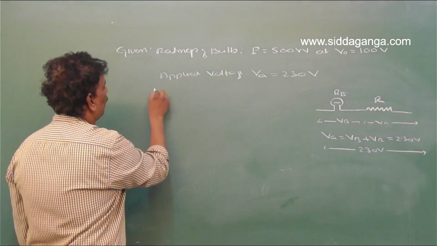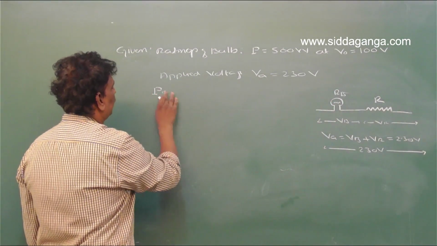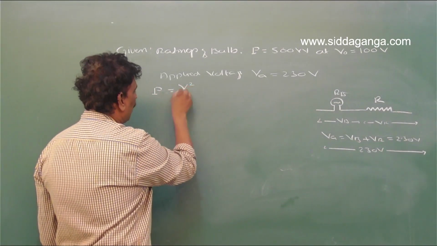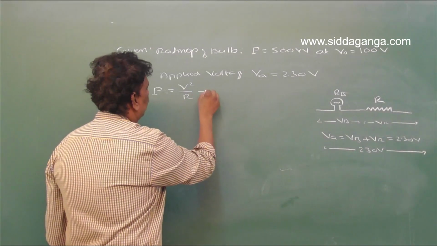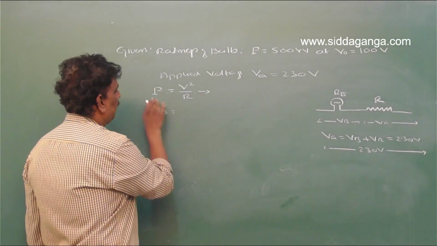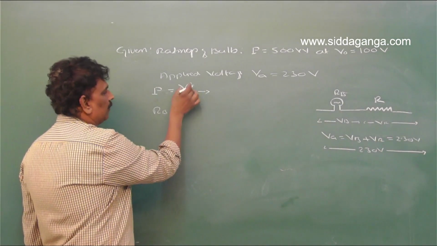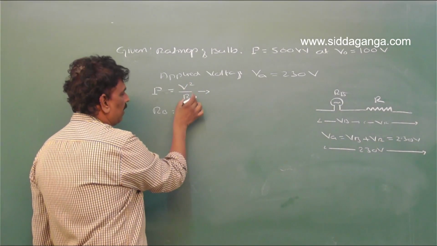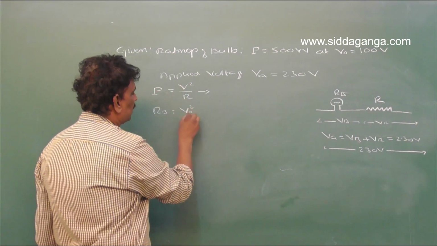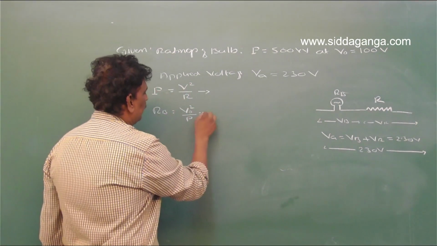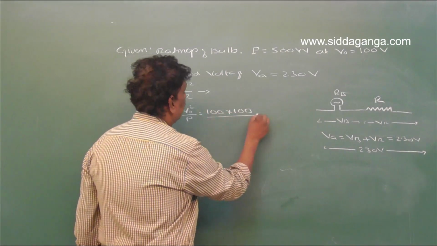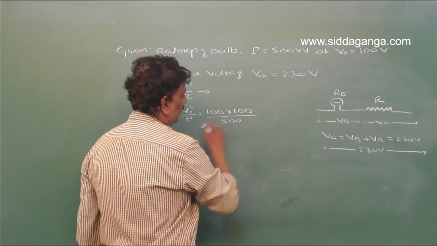Now the power of the bulb is equal to V square by R. That means the resistance of the bulb, where P is power, V is operating voltage and R is resistance, R is equal to V0 square by P, that is equal to 100 into 100 divided by 500.